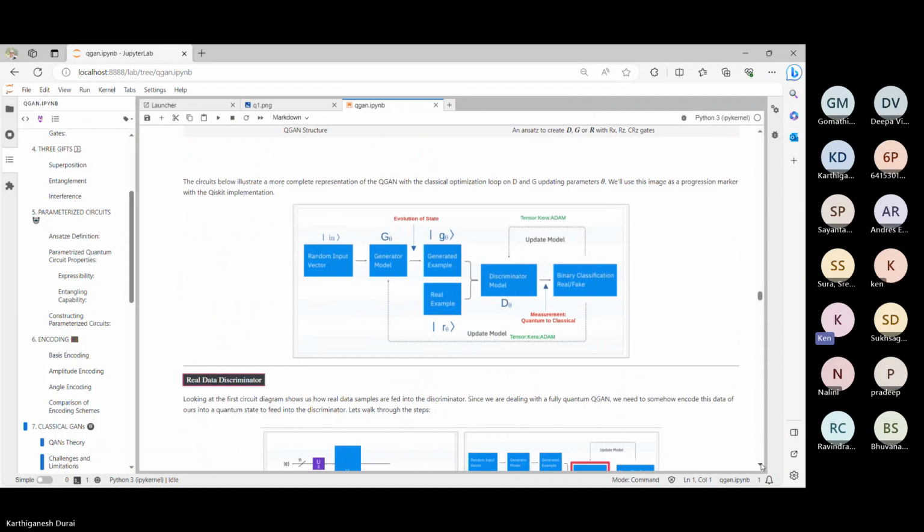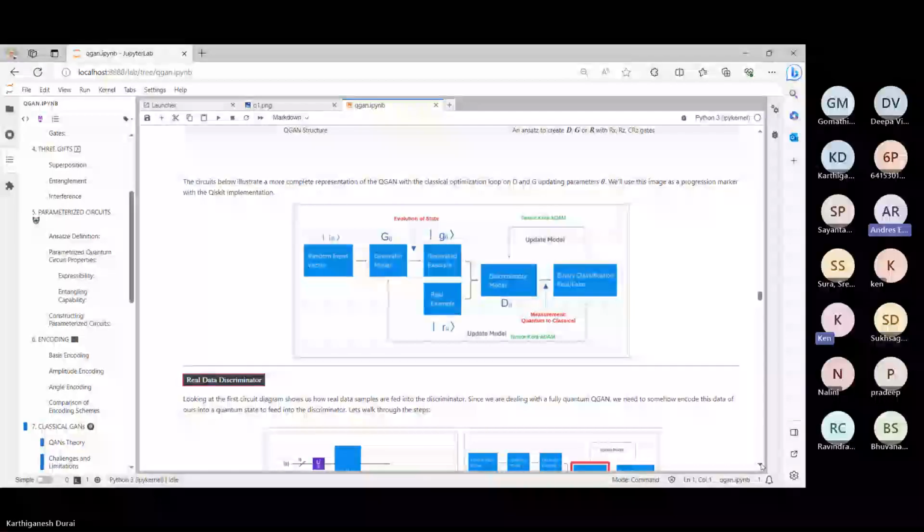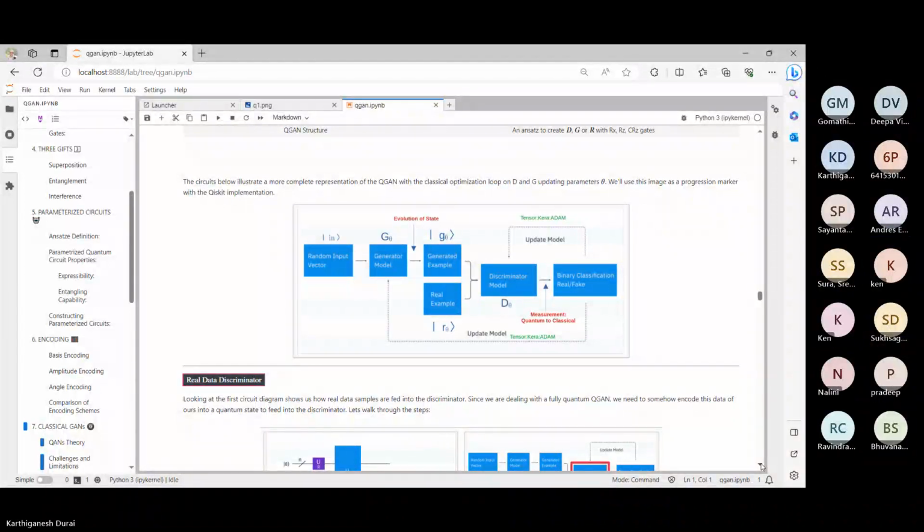Perfect. This is a more detailed representation of what's happening in the classical GANs. What it highlights here is we'll offload the discriminator's results into a binary classification run on a classical system. This is where we'll be doing our optimization, and we'll be using TensorCircuit with the Adam optimizer.